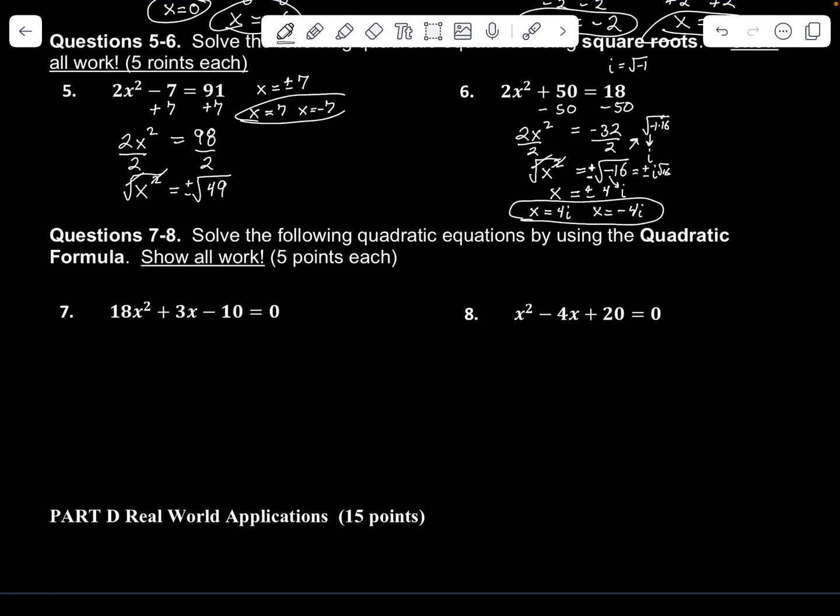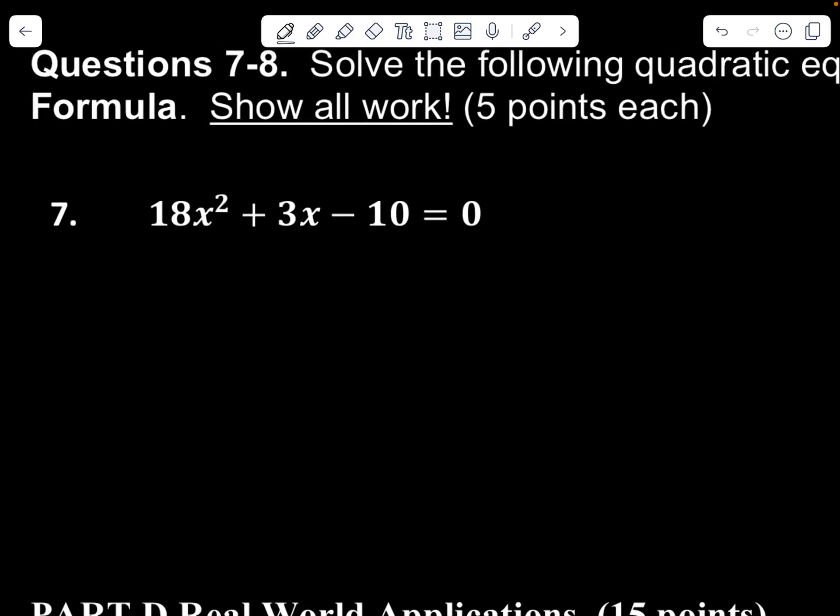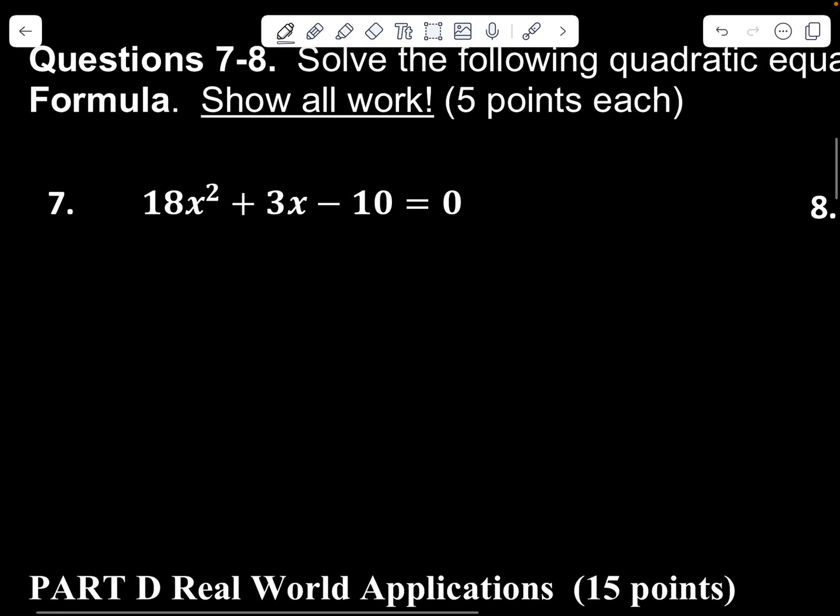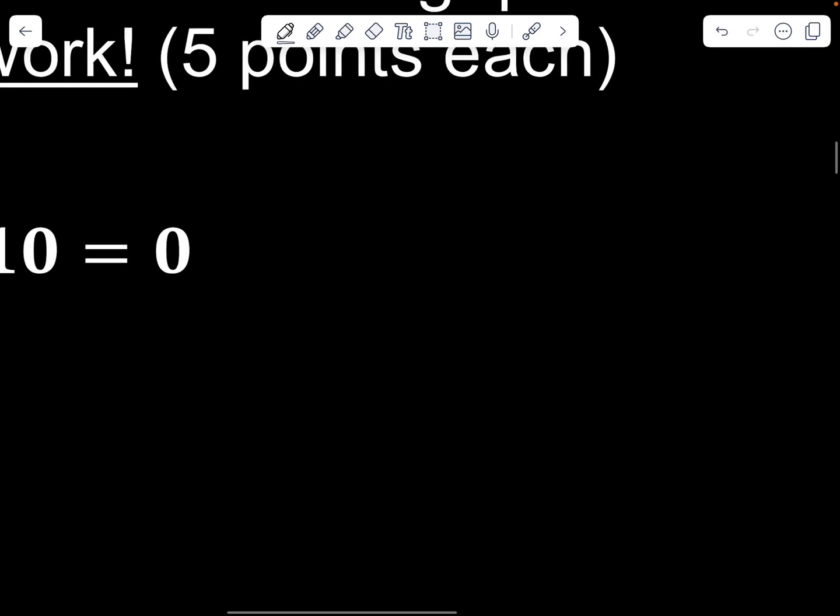Welcome back, Mr. Anderson here again, talking math, talking about solving quadratics, and now we are specifically at using the quadratic formula. So in the first place, let's write down the quadratic formula.